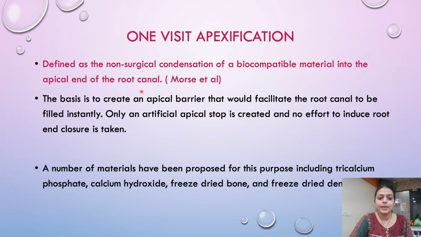Okay, so root formation is not taking place or there is no formation of any barrier, but there is just an artificial apical stop which is created. Okay. A number of materials have been proposed for this, including MTA, calcium hydroxide, freeze-dried bone, Biodentine, freeze-dried dentin, all those. Okay.